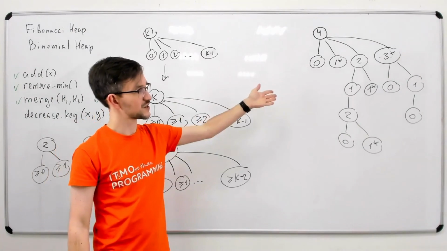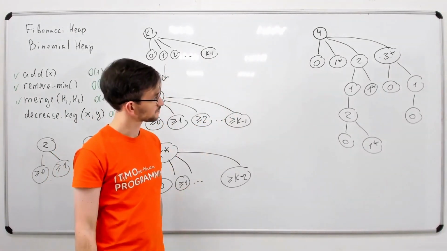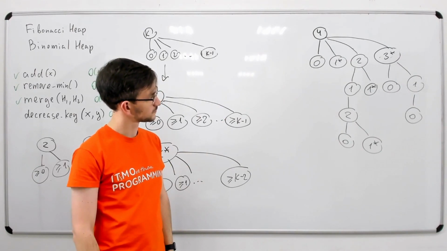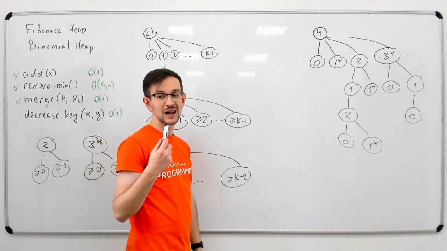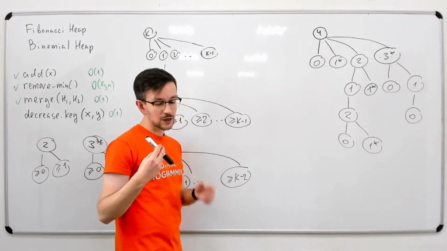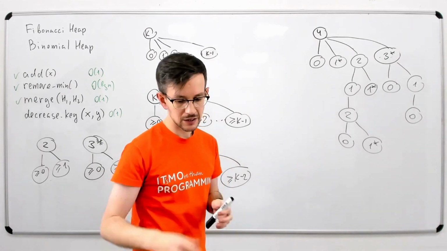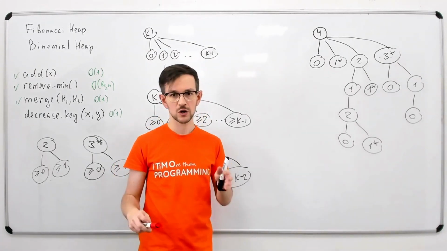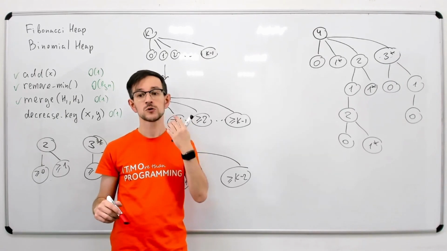So this is the correct Fibonacci tree. We will use trees like this. Isn't it cool? The only property we need from these trees is that the rank in this tree must be at most logarithm.